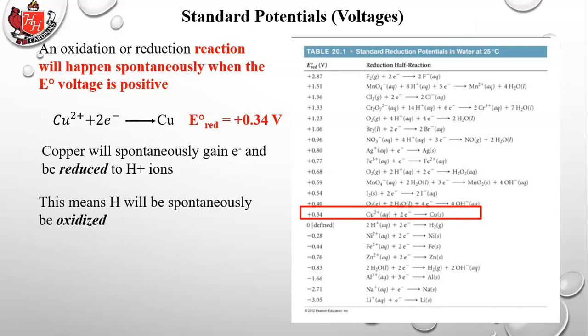So this means hydrogen will spontaneously be oxidized. Okay, so if you put it in a solution with hydrogen, the copper is going to gain electrons, and the hydrogen is going to lose those electrons. So there's the oxidation reaction for hydrogen. It's going to go from an H2, which is a 0 oxidation number, up to an H+, which is a 1 oxidation number.